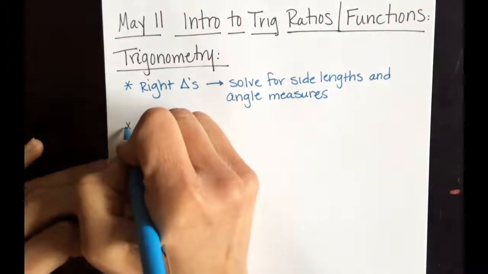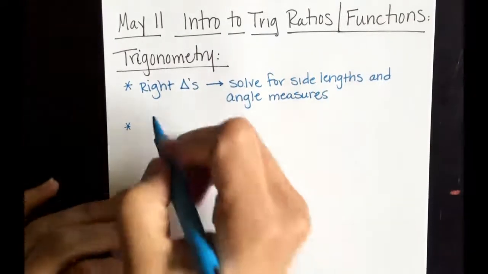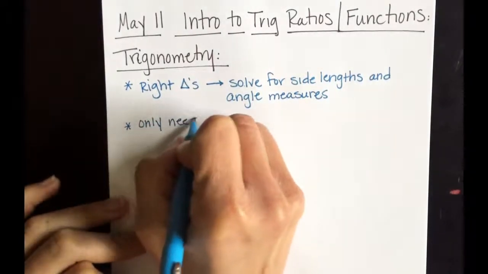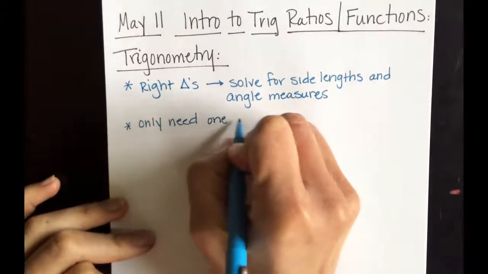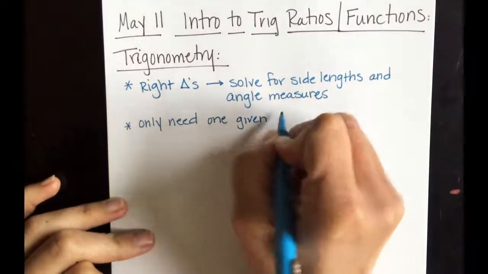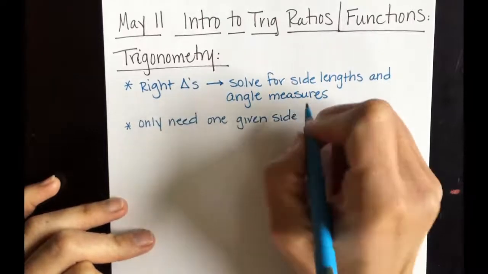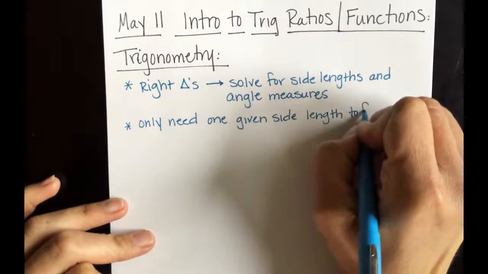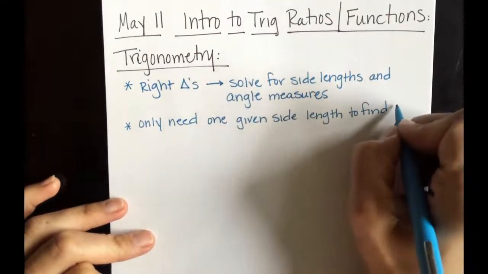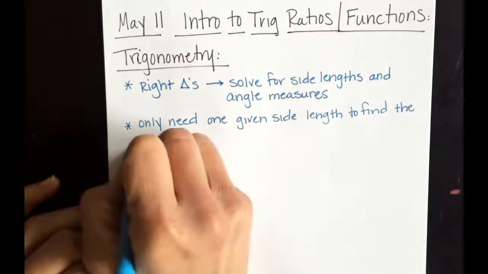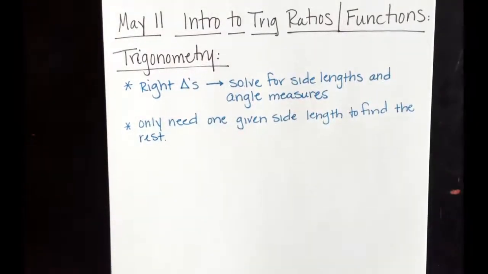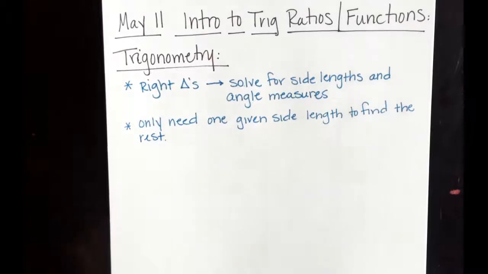The other thing we are going to recognize is you only need one given side length to find the rest. Now, before with the Pythagorean theorem, you needed two sides.